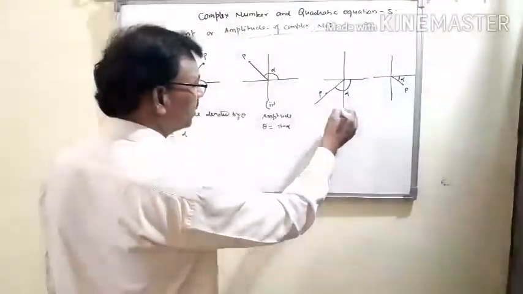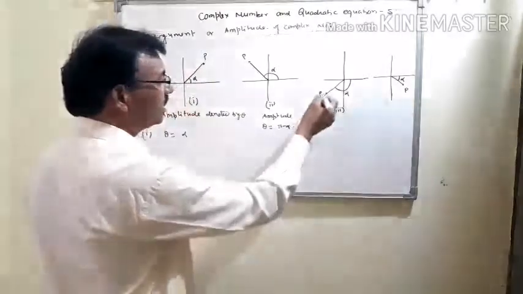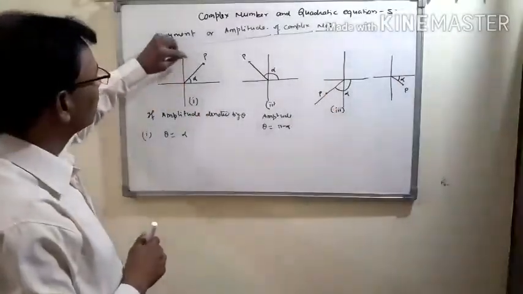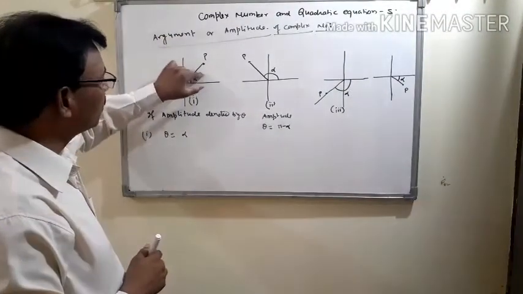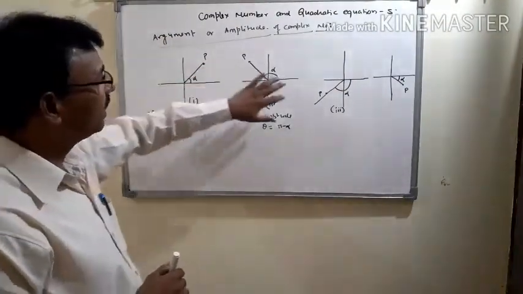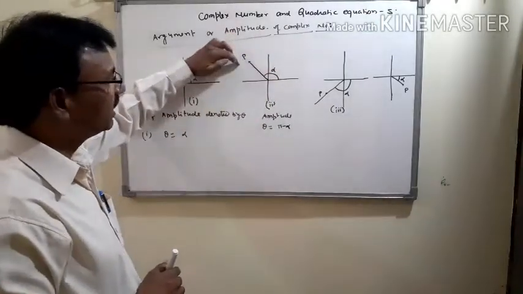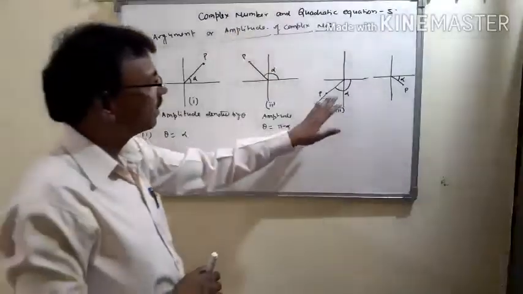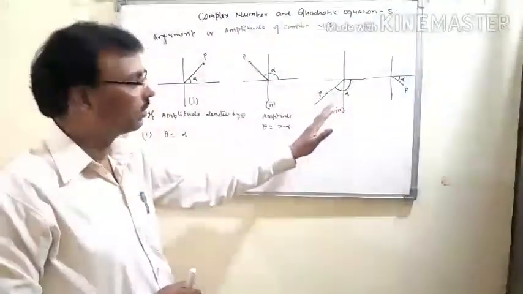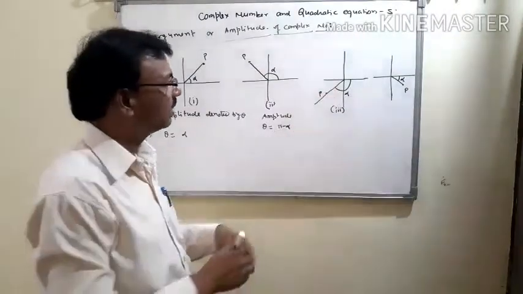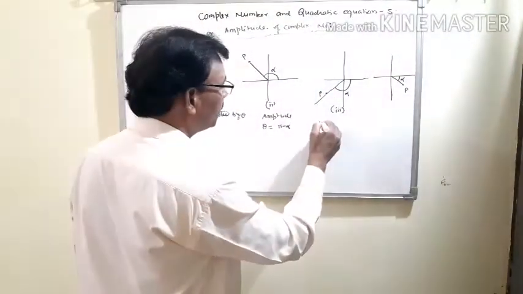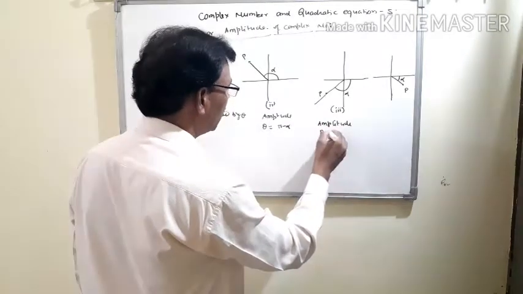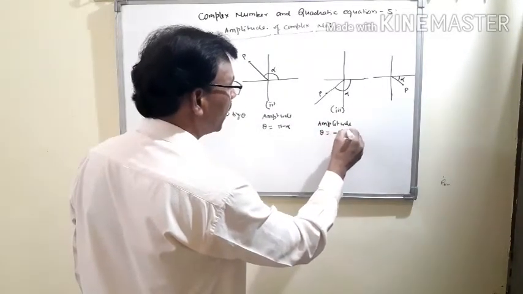And in the third situation, since here sine and cos both are positive, this lies in the first quadrant. Here sine is positive but cos is negative, so this lies in the second quadrant. And here both are negative, sine negative and cos negative. Then here the amplitude theta equals minus pi plus alpha.